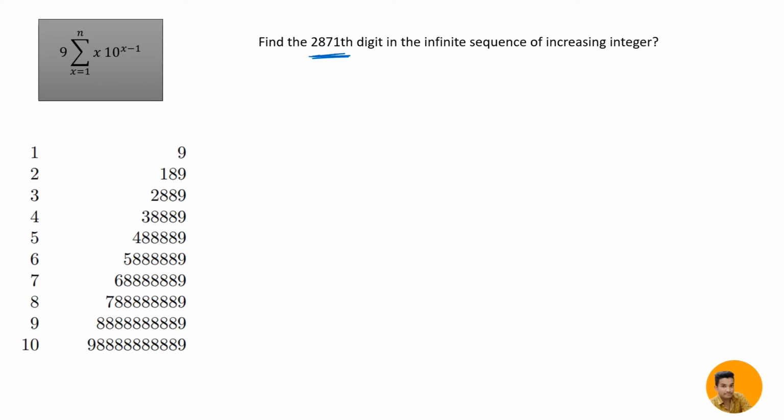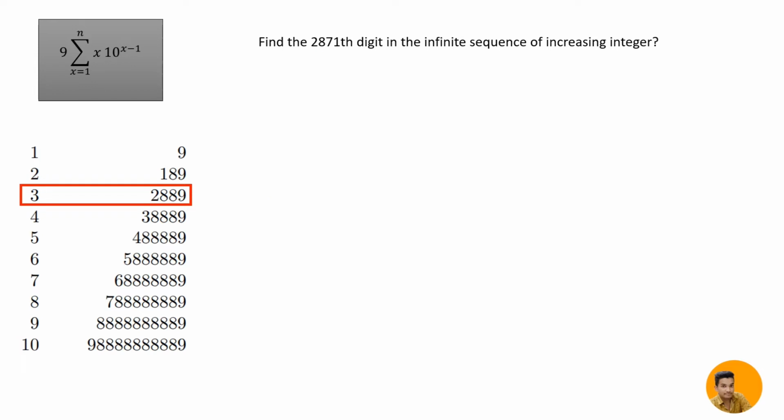If you look at this chart, the table in front of you, 2871 is less than 2889, and it is definitely greater than the 2-digit numbers, because 2-digit numbers end at 189, then 3-digit numbers start from here and go up to 2889, and 2871 is less than this.